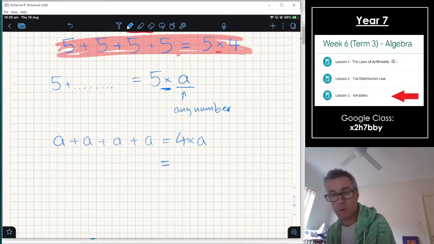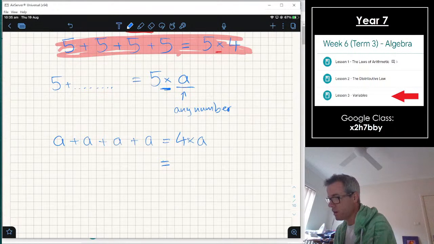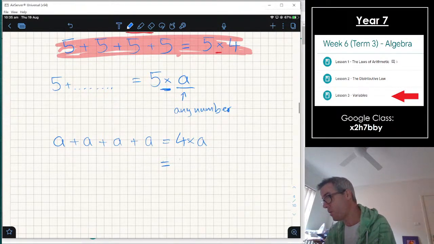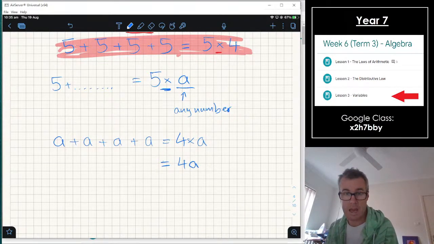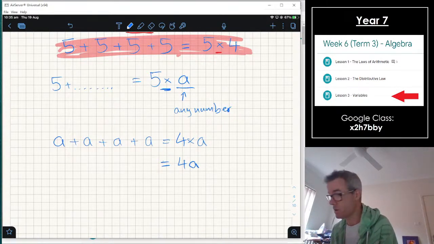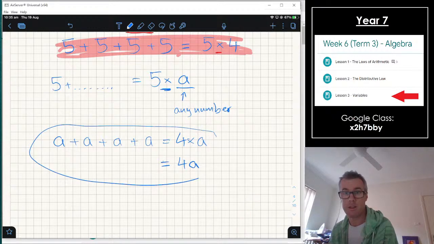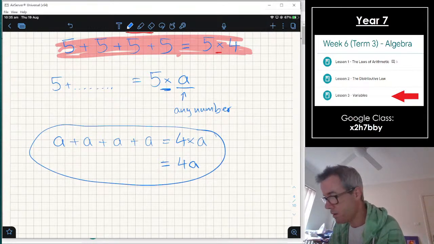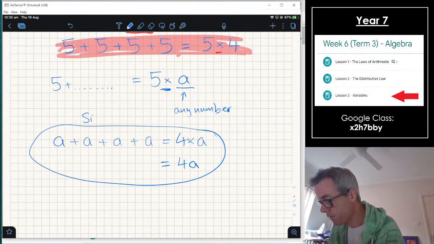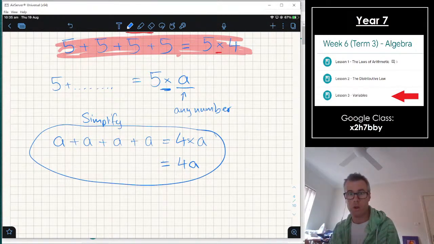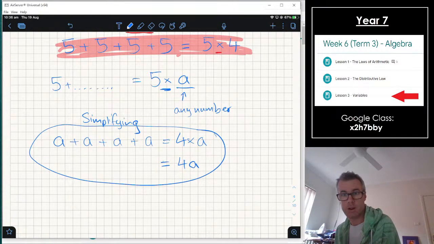However, in algebra, rather than doing 4 times A, we simplify it even more and we say, all right, we're going to write 4A on its own, like that. These things all mean the same thing, but when we are simplifying, we're asking ourselves, which requires the least amount of writing?